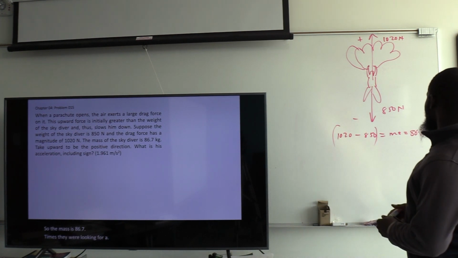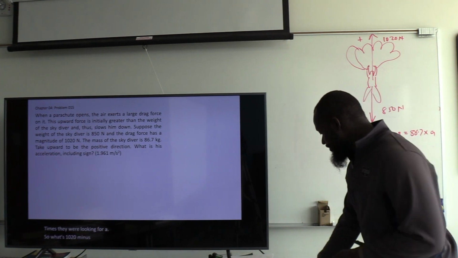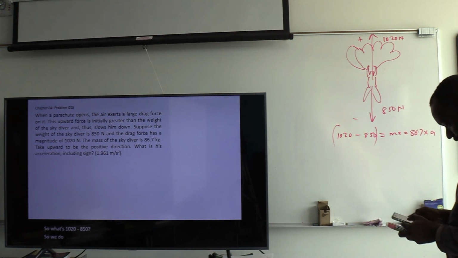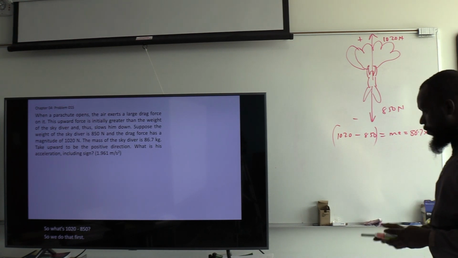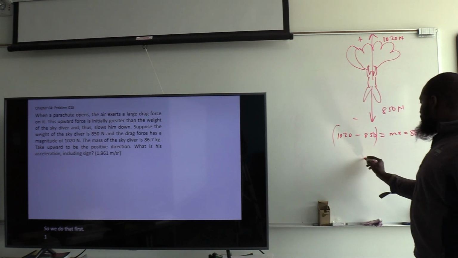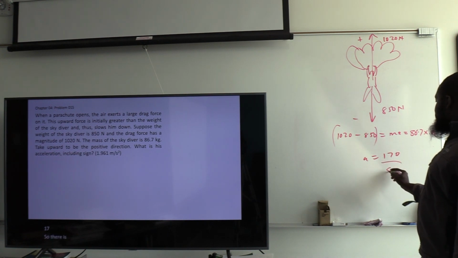So what's 1020 minus 850? So we do that first. 170. So A is 170 divided by 86.7.